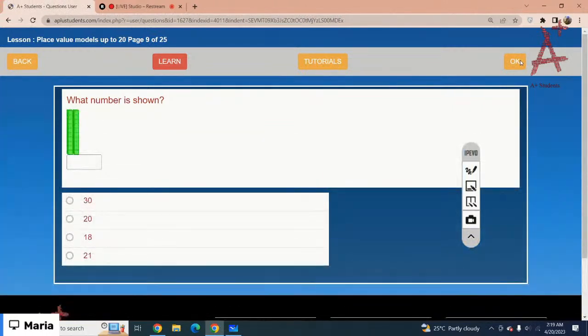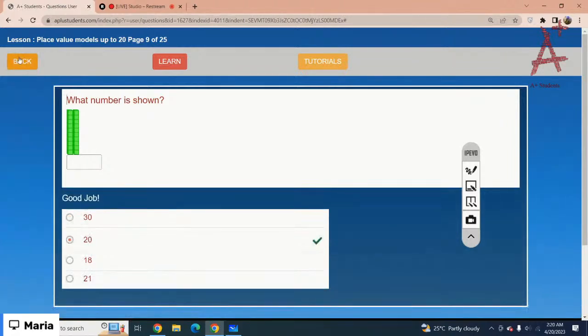Which is the correct option? 30, 20, 18, 21. Yes, it would be 20. Got it?